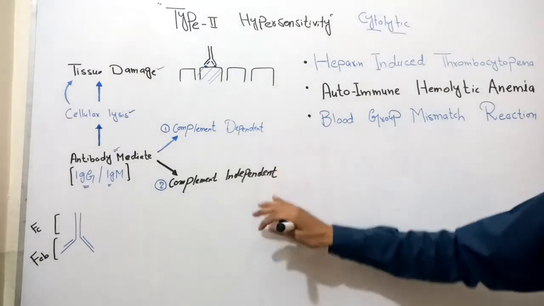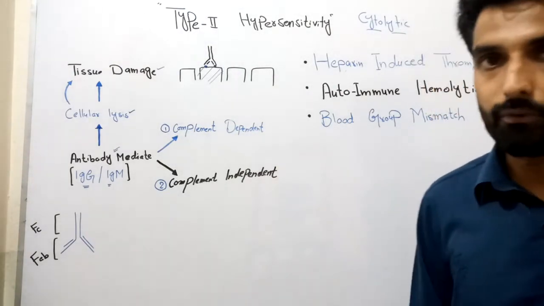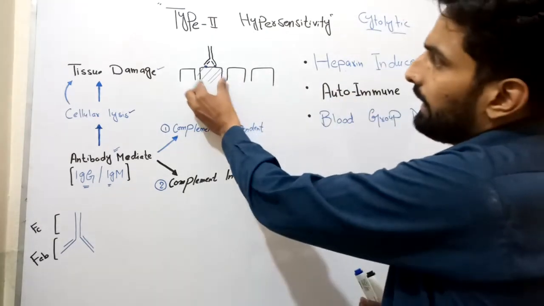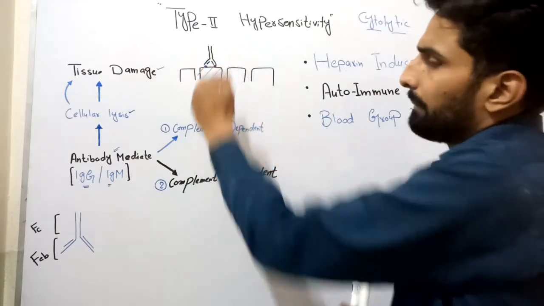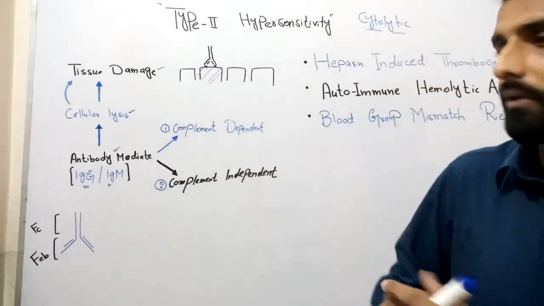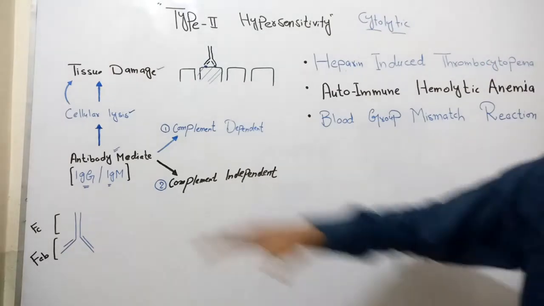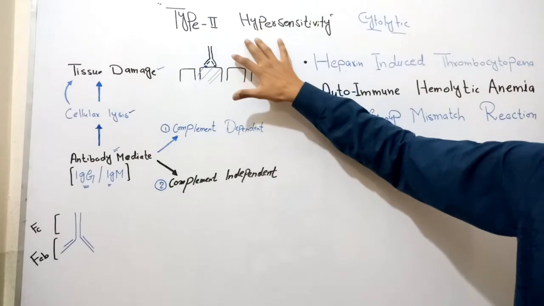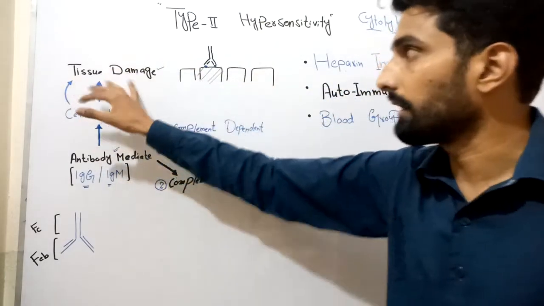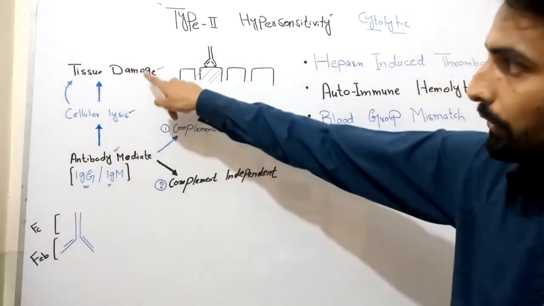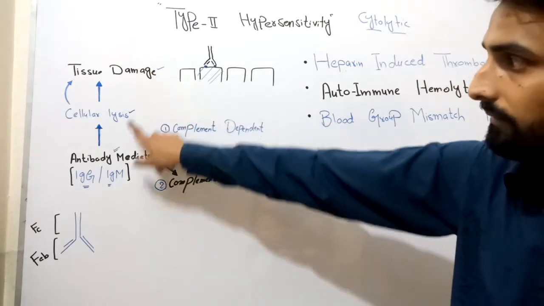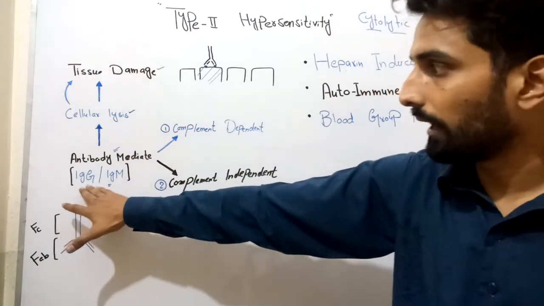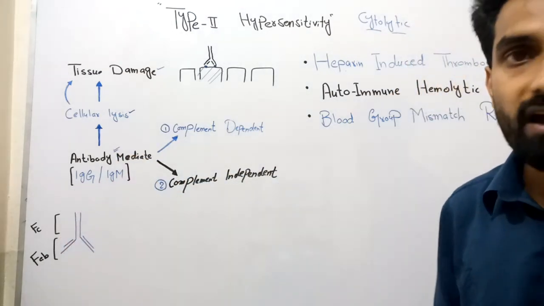The detail of both mechanisms will be discussed later in the video. Once the cell has been destroyed, ultimately damage will be caused to the whole tissue. So we can say that antibody mediated cellular lysis occurs in type 2 hypersensitivity reaction, which can result in tissue damage, and the antibodies are IgG or IgM.